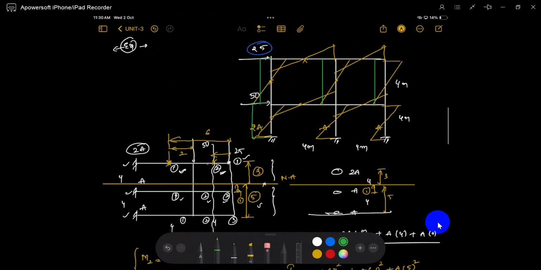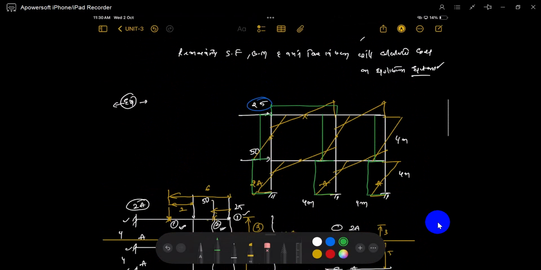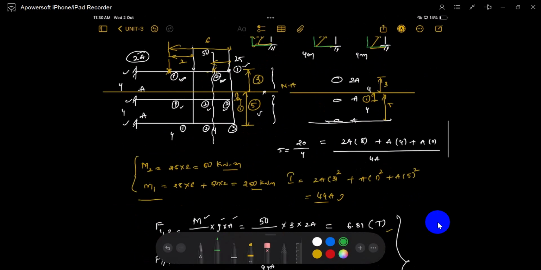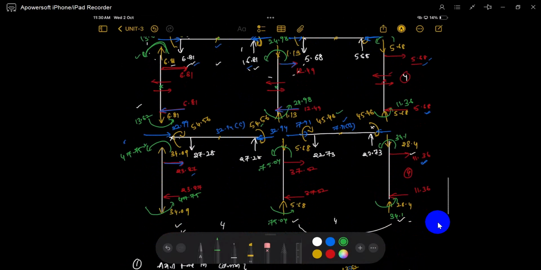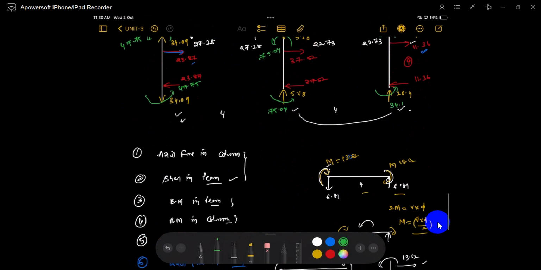Here what is the value? You may check the value. So here also shear is equal throughout the spans. That's it. Bending moment and shear force diagrams are over. Okay, that's it. That's the problem. Okay, got it.